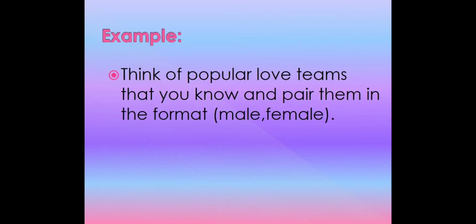For our example, think of popular love themes that you know and pair them in the format male, then female. Are you done? Then let me give you examples of love themes. First one, who are they? Correct.